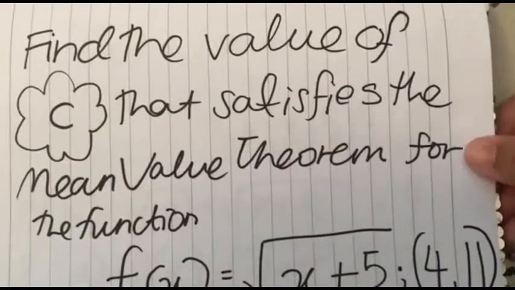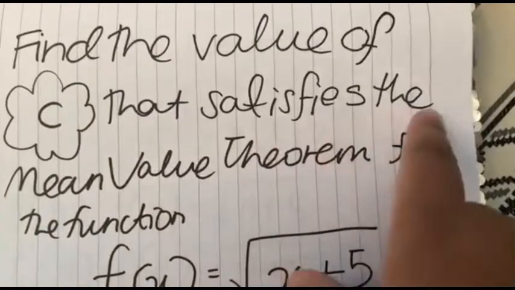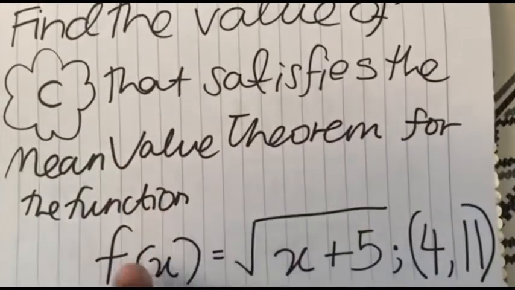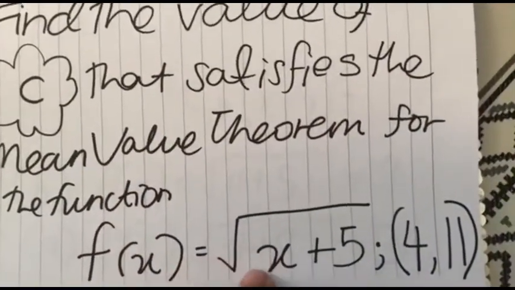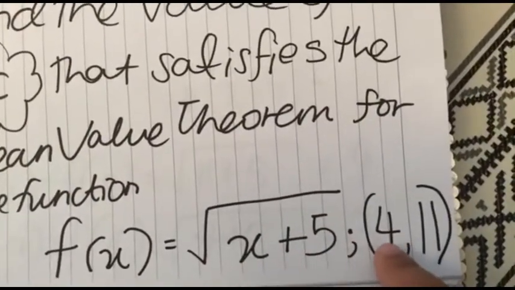So the problem here is to find the value of c that satisfies the mean value theorem for the function f(x) = √(x + 5) on the open interval of 4 to 11.